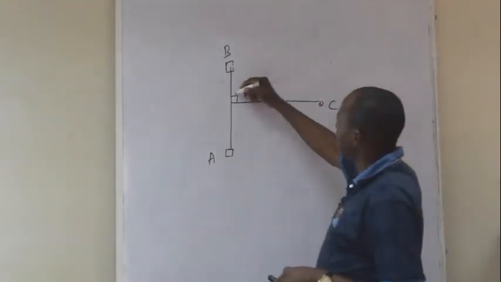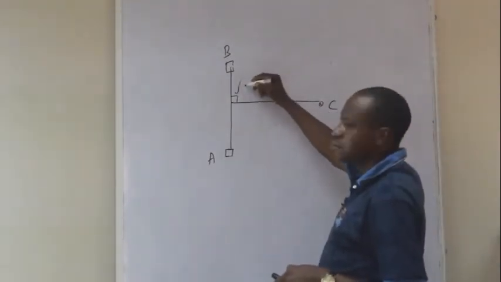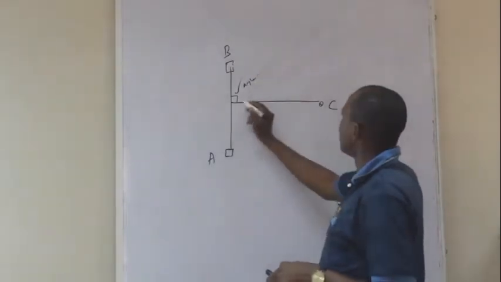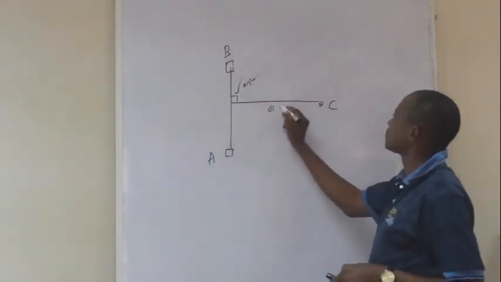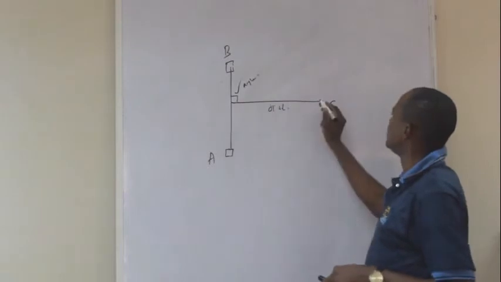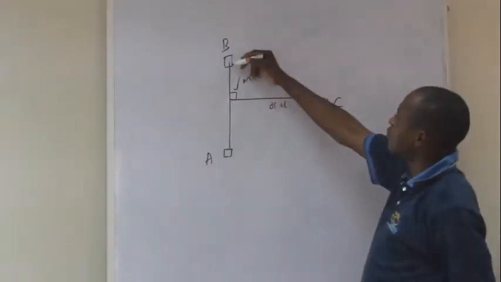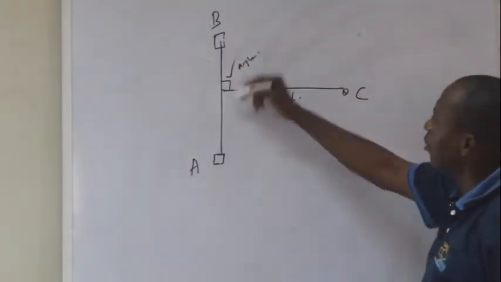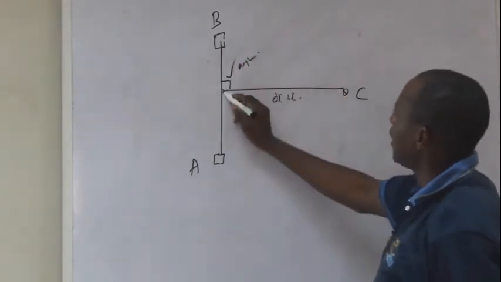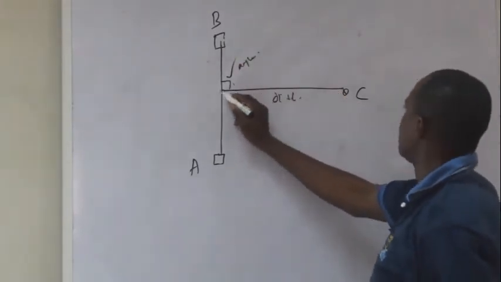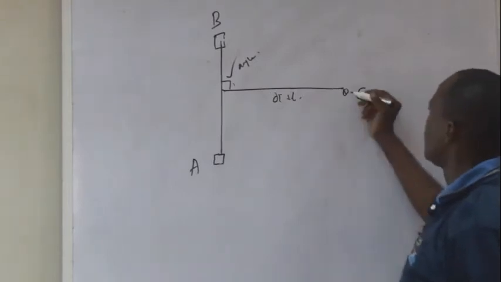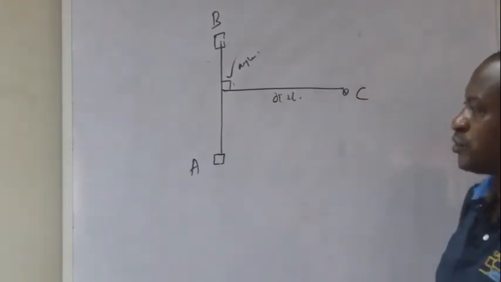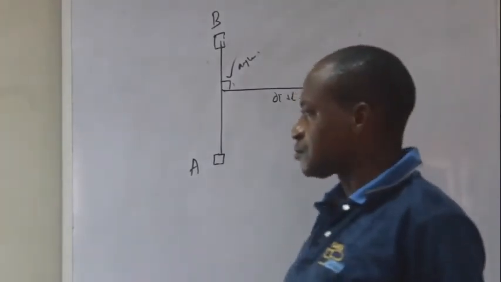So here you take this angle, then you take the distance from here to here. Once you know the angle and the distance, you can fix this point C.